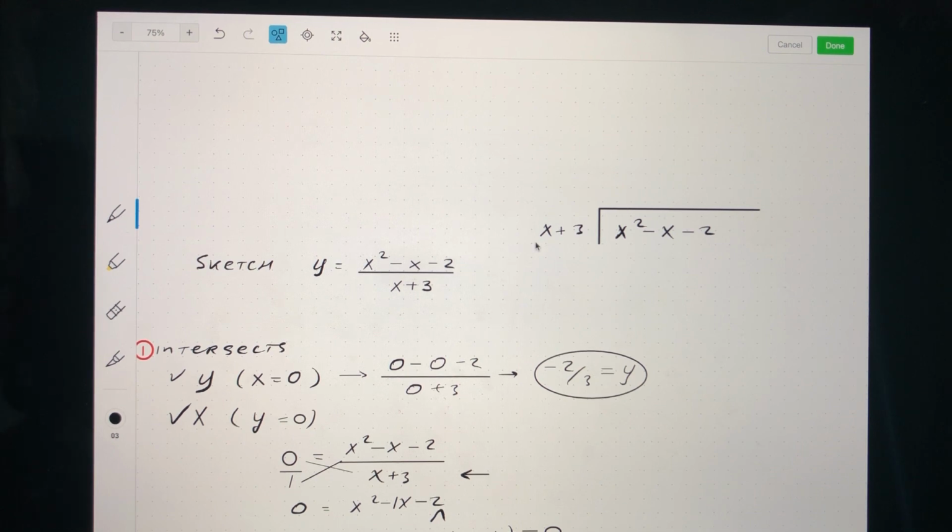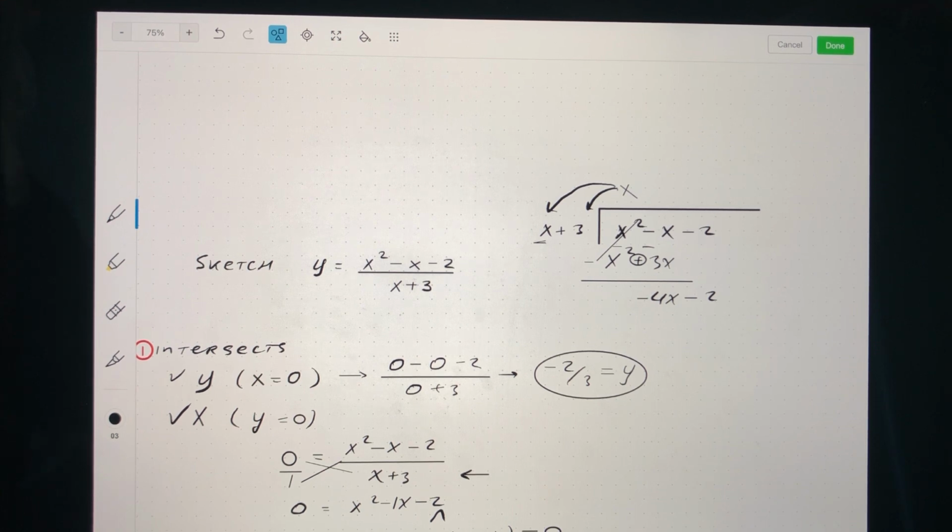To get from x to the 2, we need to multiply by x. Multiplying through, x times x is x squared, x times 3 is 3x, changing all the signs, and adding, x squared cancels, minus x minus 3x is negative 4x, carrying negative 2.